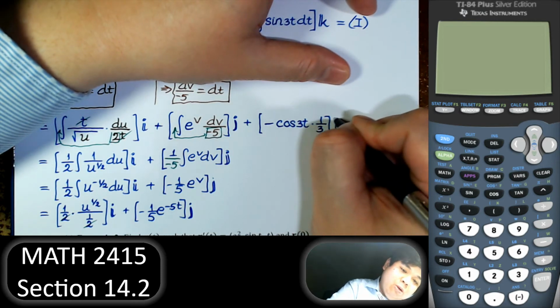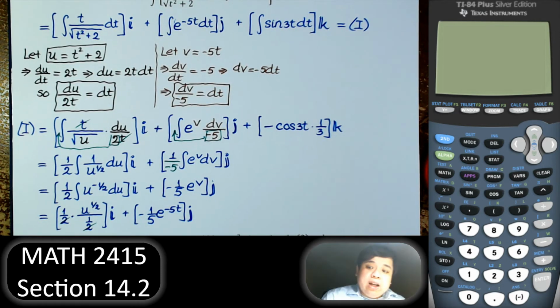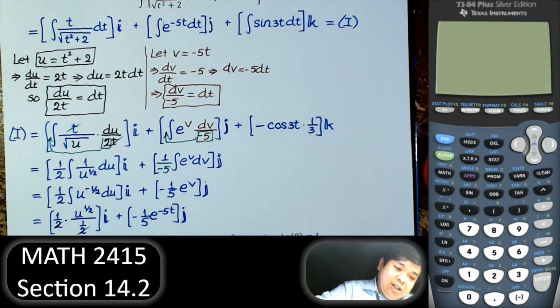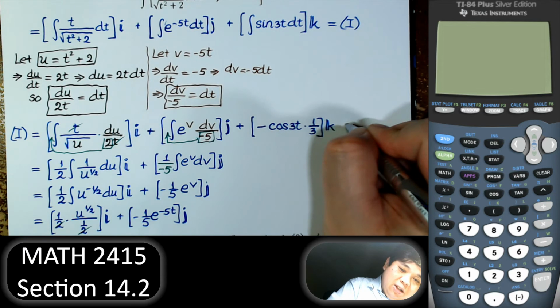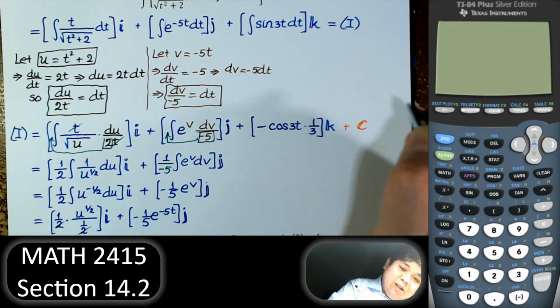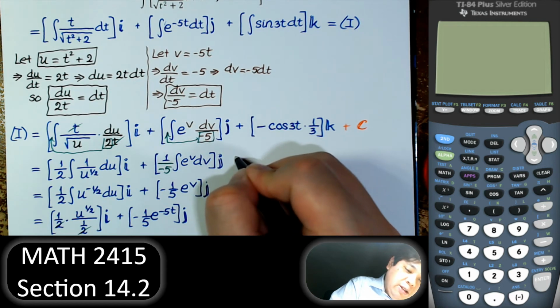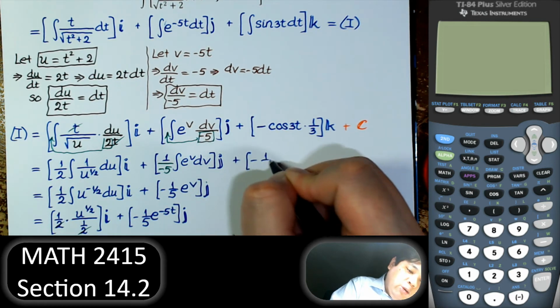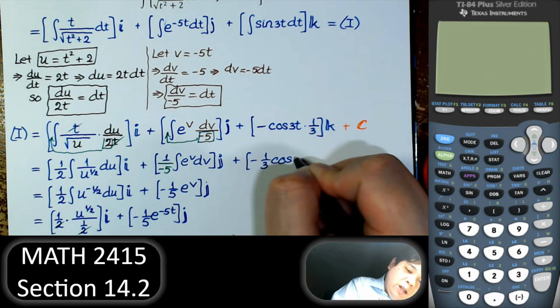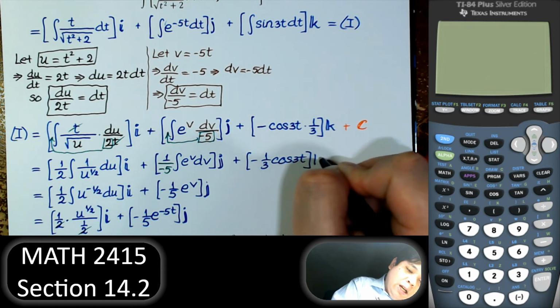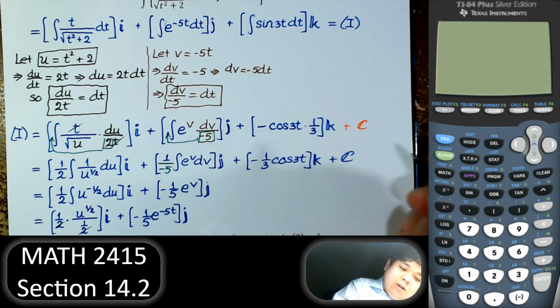That is the k component. And don't forget all of this at the end, that is the constant vector. So we just have -1 over 3 cosine 3t k plus C k.